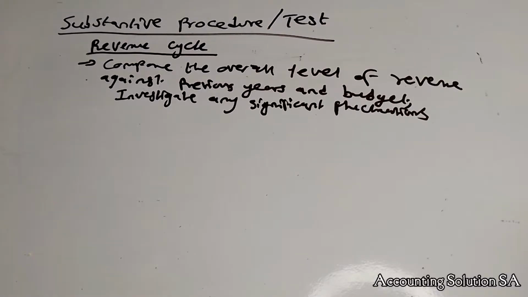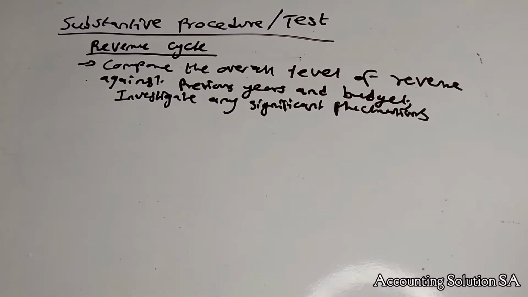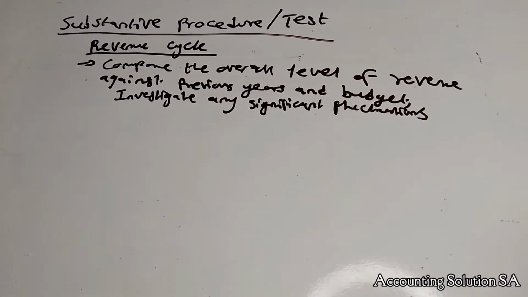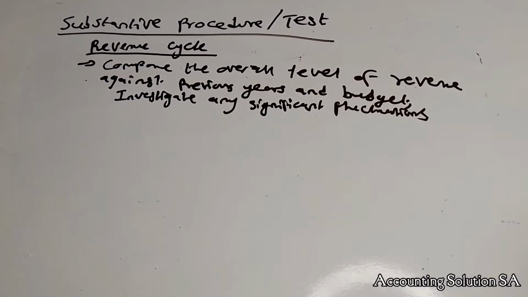Then after that, we compare with the amount that we have budgeted for revenue. Remember, before we record the actual revenue, we firstly budgeted as a company that, okay, this year we are expecting so much. Then when you determine all those balances, you need to investigate if there are significant fluctuations. In other words, you have to check if there are changes that do not make sense, or changes that have a higher rate.